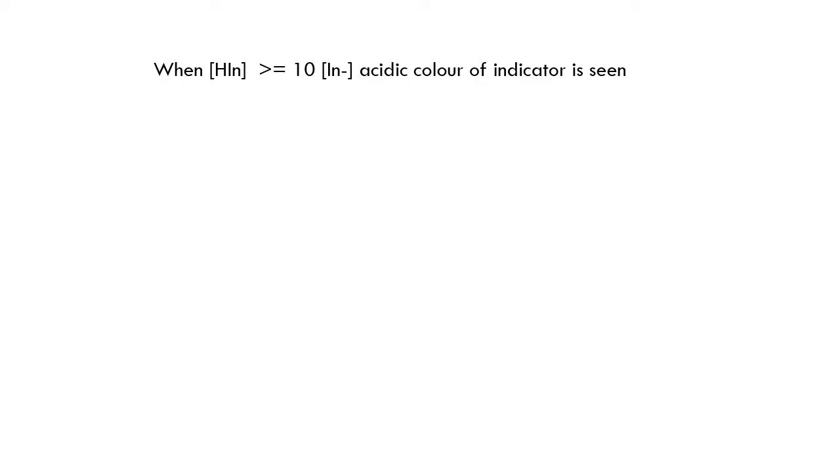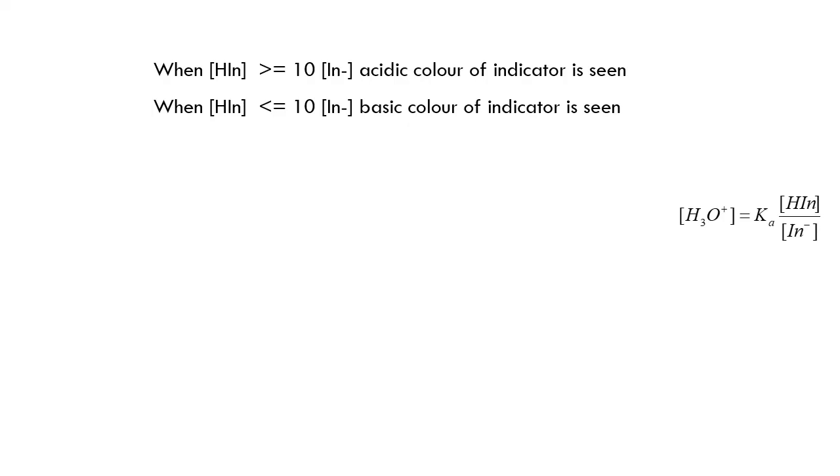Therefore, when the acid form of the indicator is greater than 10 times the base form, we'll see an acidic color of the indicator. And when we have a greater concentration of the base form, then we will see the basic color.